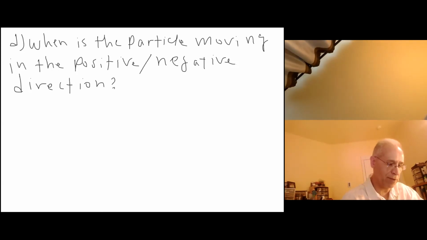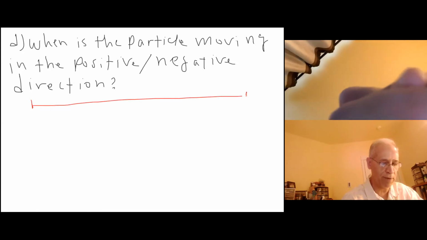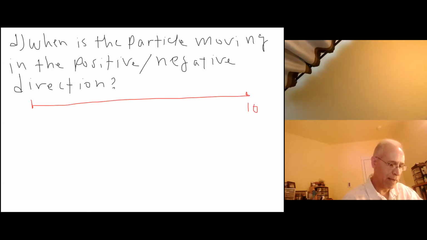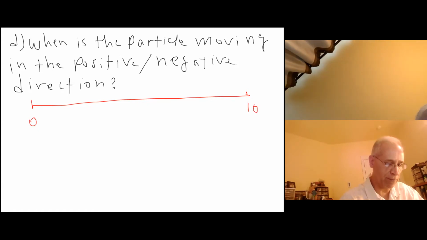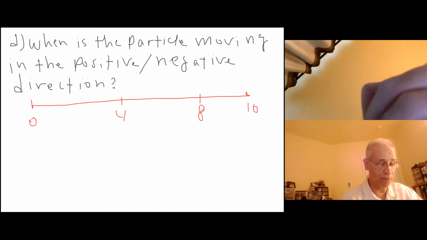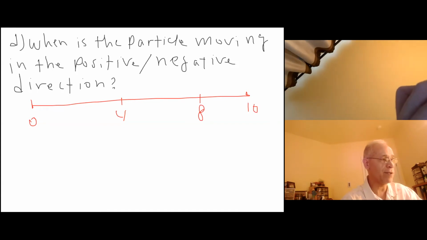So here's what we mean. We start from 0, and we said that we're going up to 10. And we said that the velocity was 0 at 4, somewhere here, and at 8, somewhere here. If I plug in a number between 0 and 4, let's say 1, into my velocity, which is negative pi over 4 sine of pi t over 4, that gives me a negative.